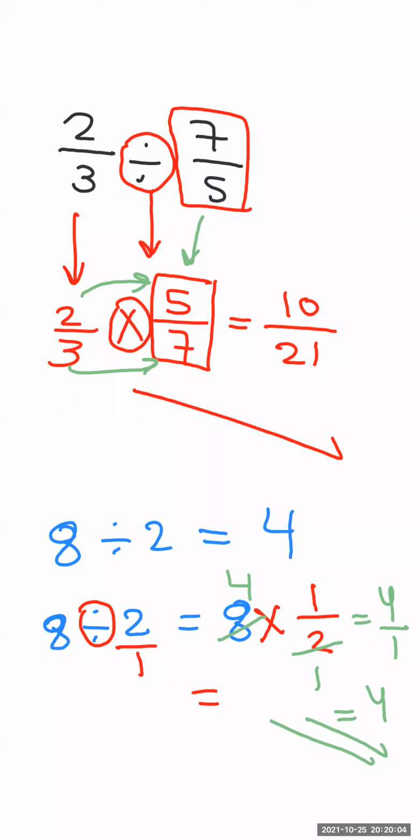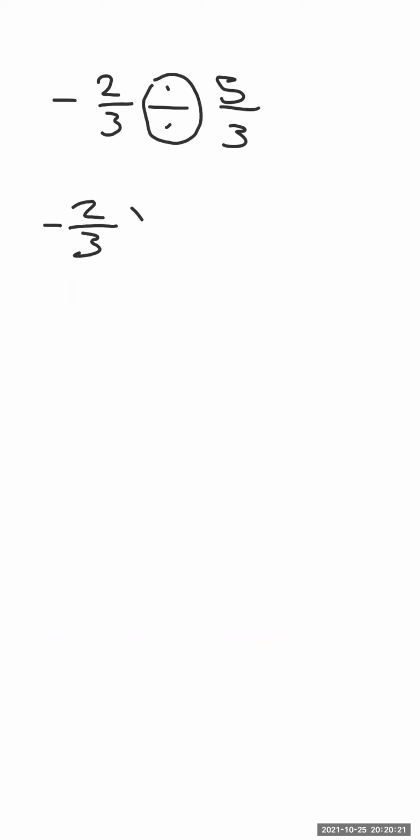Okay, now let's solve some examples like this one. If I want to divide -2 over 3 by 5 over 3, it will become -2 over 3 because we just said to write down the first term, then change the division into multiplication. Flip the number. It was 5 over 3, so it will be 3 over 5.